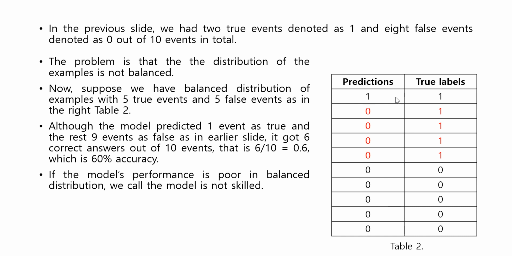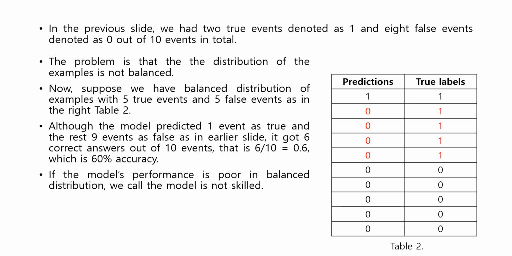So this is correct, and these events got wrong predictions. So in this case, the accuracy is 60%. If the model performance is poor in a balanced distribution, we call the model not skilled.